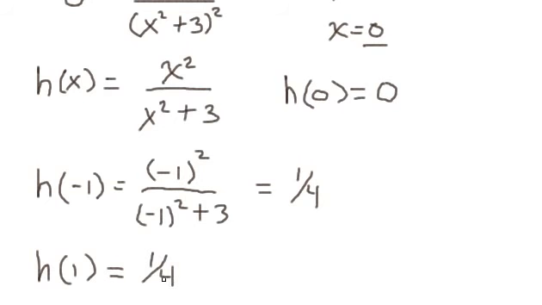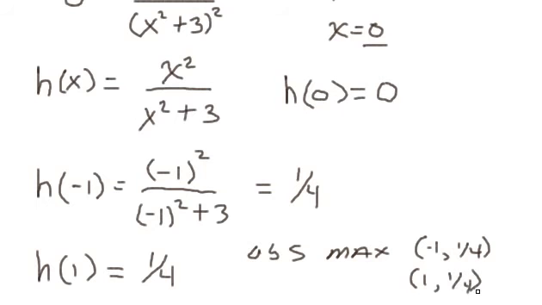We get 1/4. Okay, so our absolute max is occurring at negative 1, 1/4, and 1, 1/4, and the minimum, which is going to be at 0, 0.